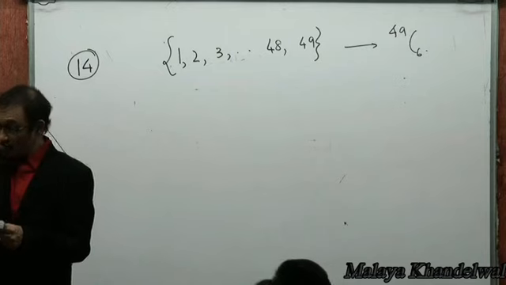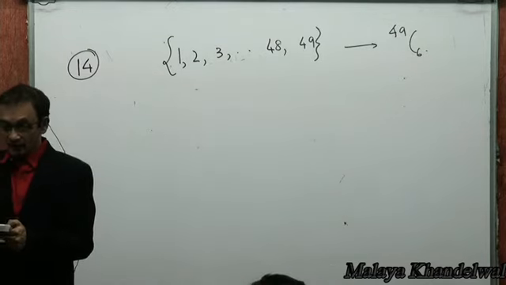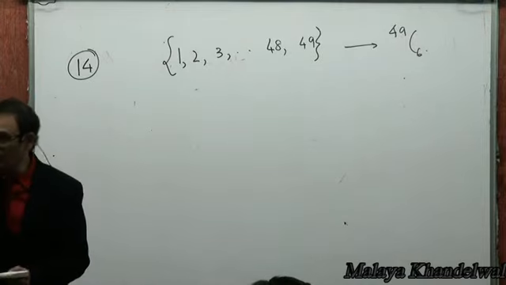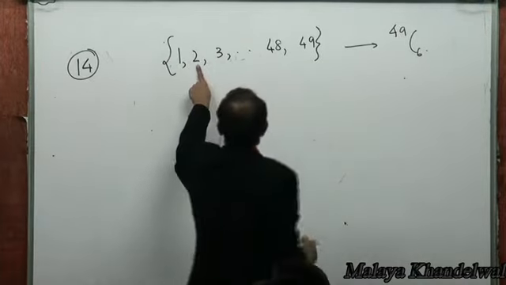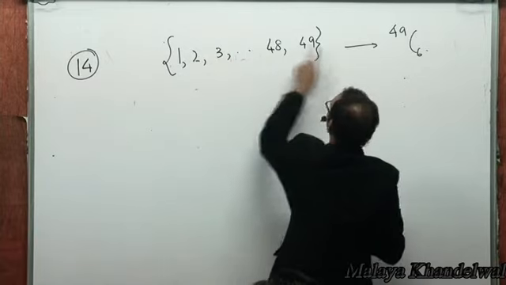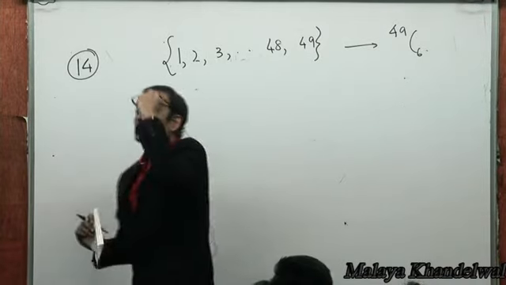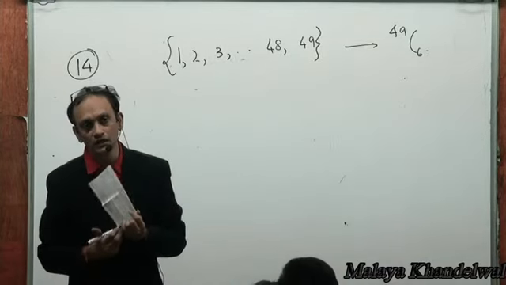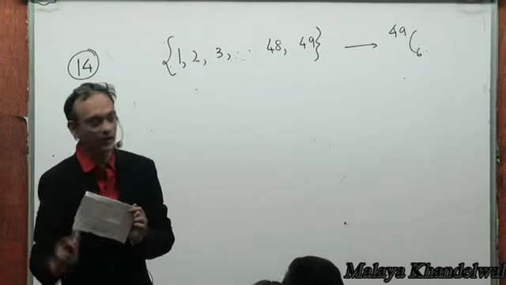We want out of these only those in which there is at least one pair of neighbors. That means either 1, 2 is there, or 2, 3 is there, or 48, 49 is there, at least one pair of neighbors. In how many of these cases would there be at least one pair of neighbors? That's the count that we are seeking. Right? Okay.